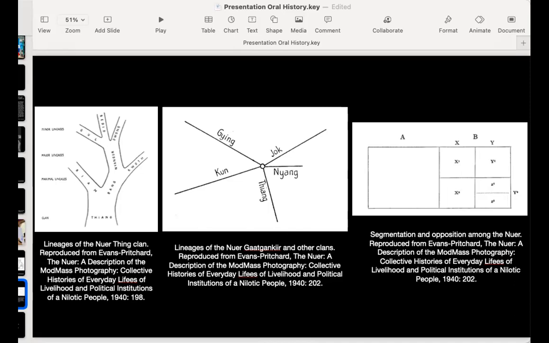In the course of discussion, he realizes that they would use a stick to draw on the ground, and discovered that the lineage is visualized not as a tree, where from a single ancestor you branch out to many progeny or future generations, but actually it starts with a center point, and then it radiates outwards in different directions.